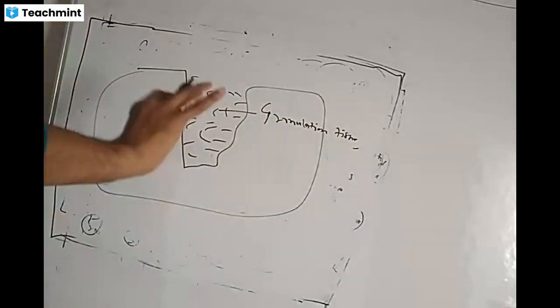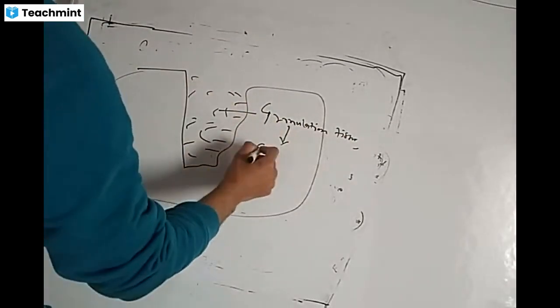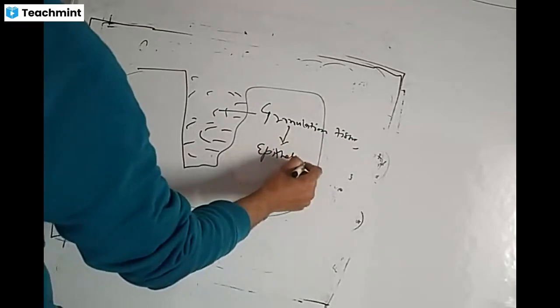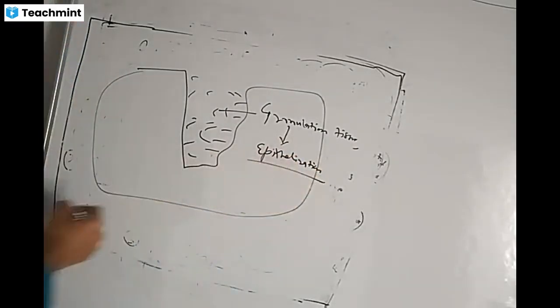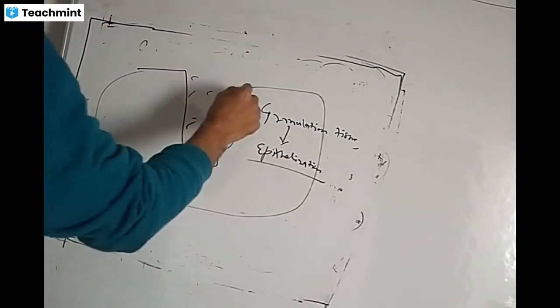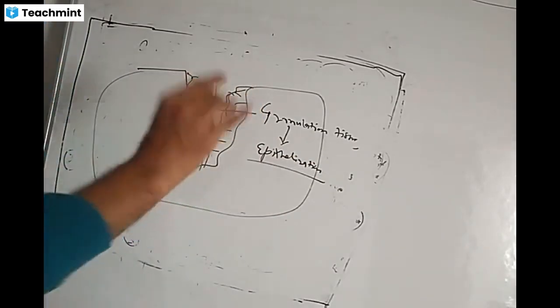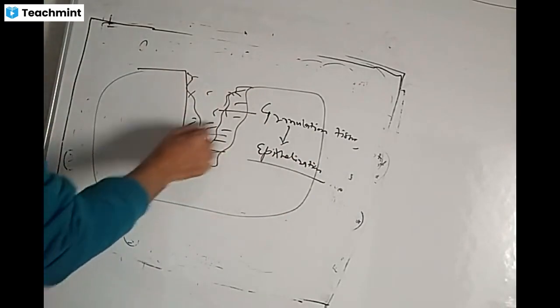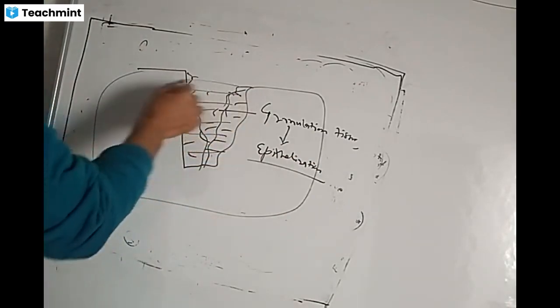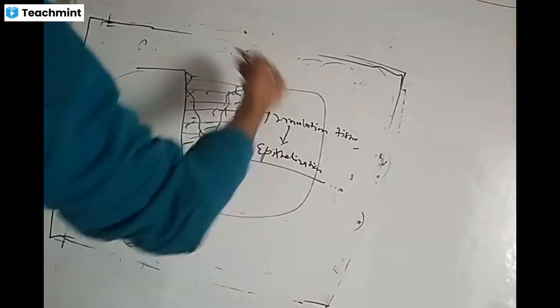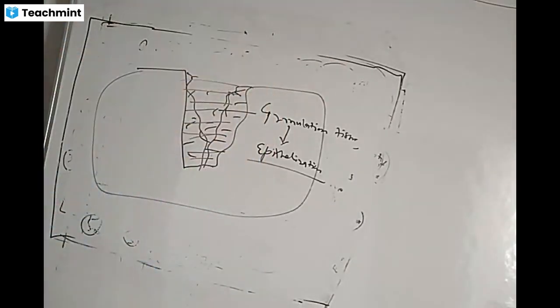After this gap is filled with the granulation tissue, simultaneously epithelialization will be there. Because of the filling and the epithelial layers coming close to each other, now we can suture. When these edges come near to each other, we can suture. After this suturing, healing will take place.